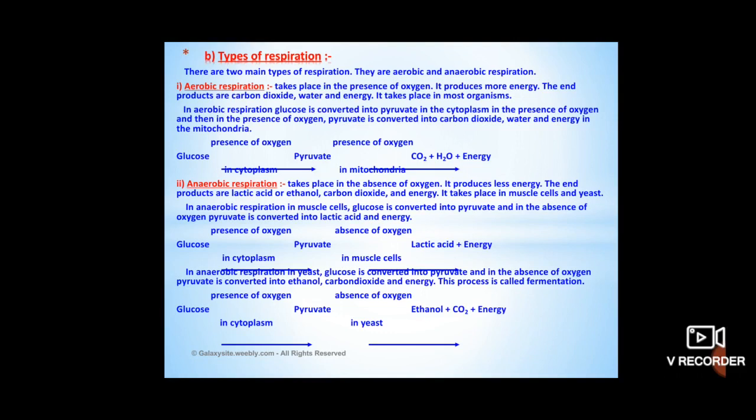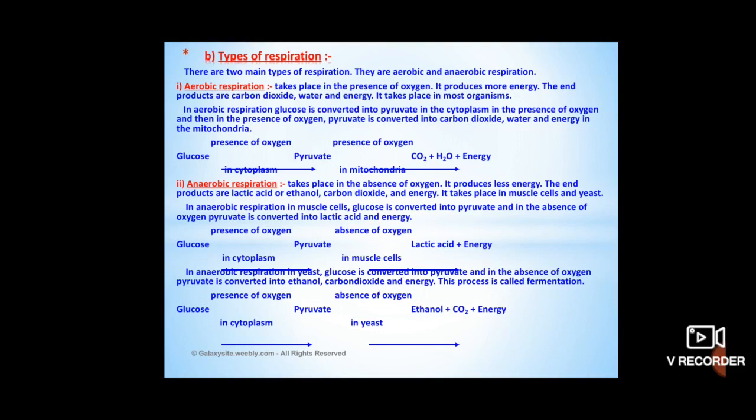The process of respiration that takes place in the presence of oxygen is called aerobic respiration. Aerobic respiration produces more energy, and as a result of the breakdown of glucose, we get carbon dioxide, water and energy.